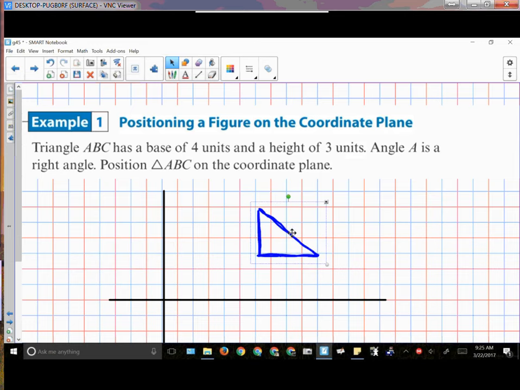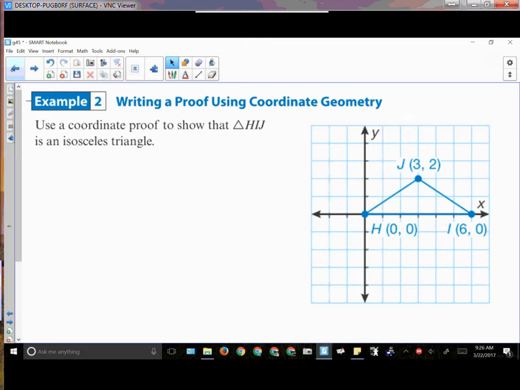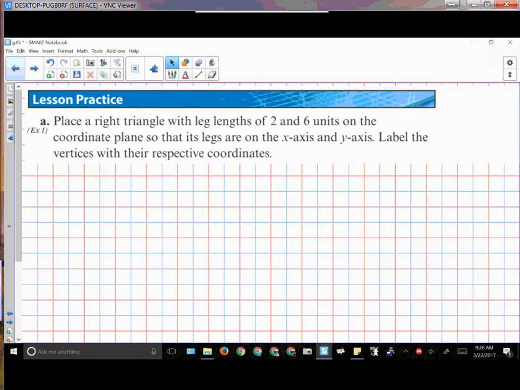I suppose if I wanted to, I could have even drawn it out like that and put it there, or I could have put it there like that. The point being, it really doesn't matter where it goes, just as long as it has the properties that are described. So, I'm going to give you a moment here, and I want you to go through and do this.